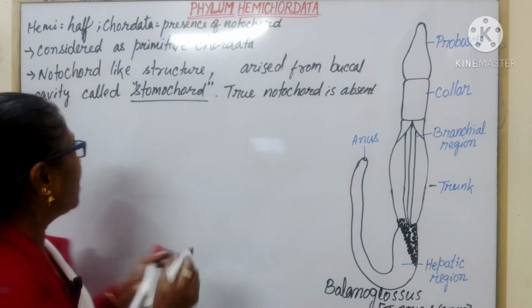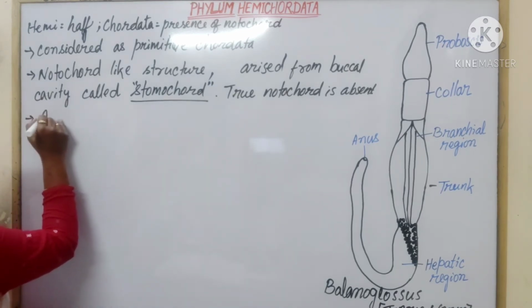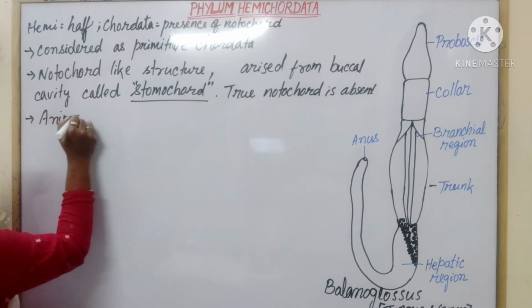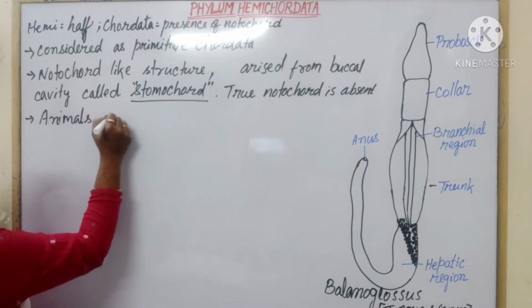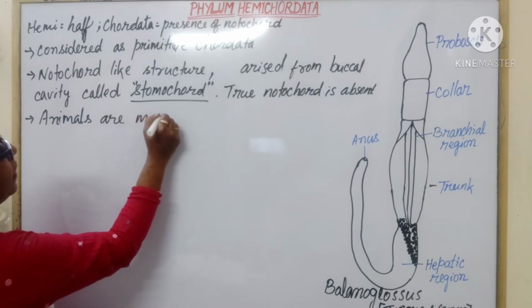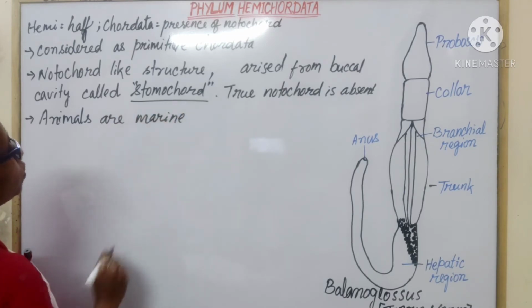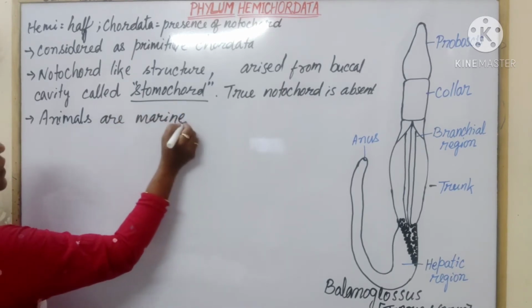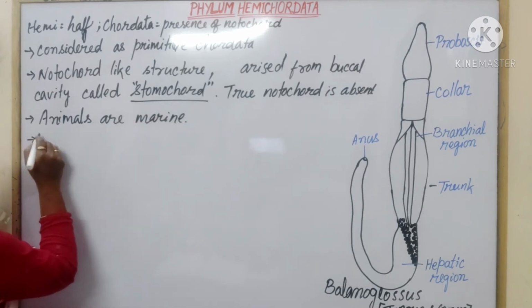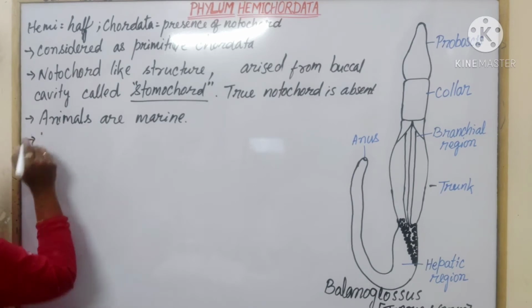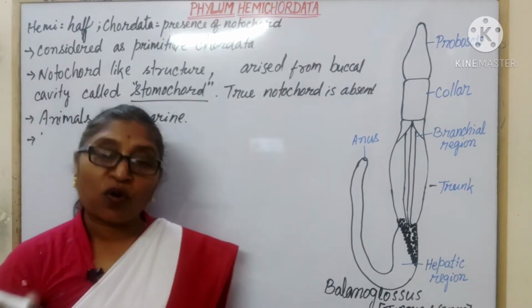These animals are marine animals, live in the ocean. The animals are called hemichordates.